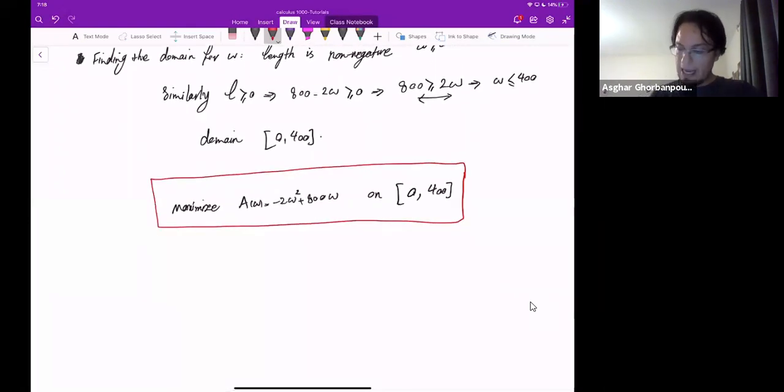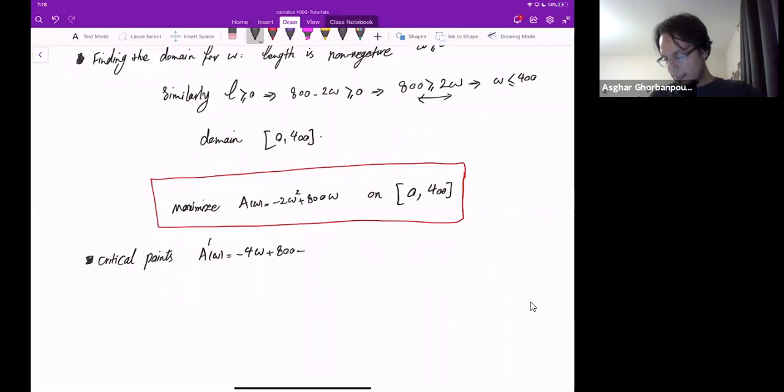Okay, and for that, we know that we have to find the critical points. Critical points means that I have to find the derivative of this, which is minus 4W plus 800, and then set it equal to 0. And then that will give me W is equal to 800 divided by 4, which is just 200.